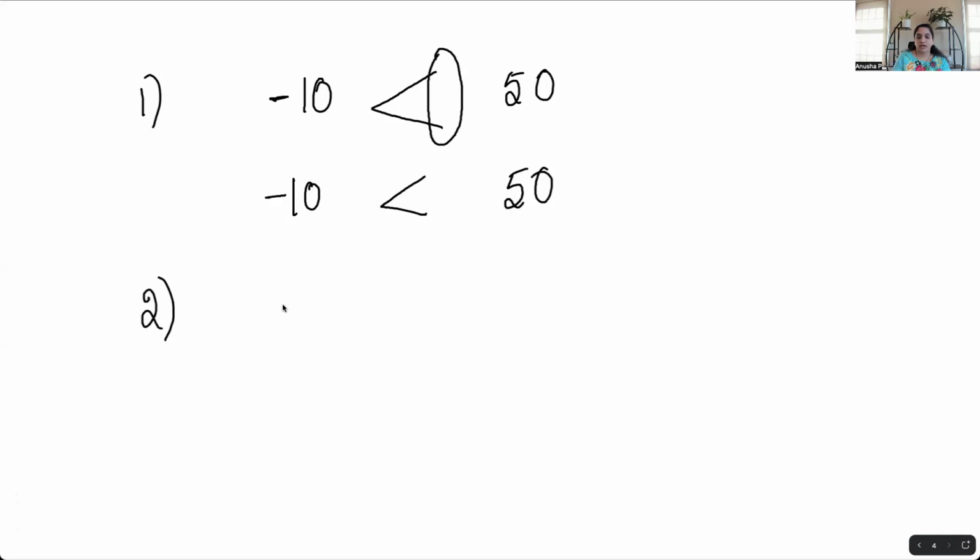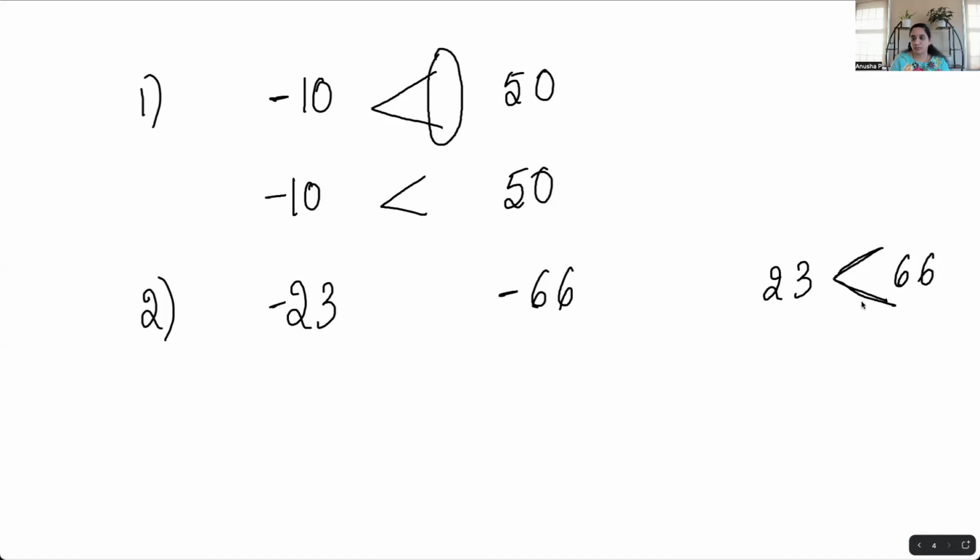Now, if you have -23 and -66, in general, if you consider 23 and 66, we know that 66 is a bigger number, right? If it is +23 and +66, positive 23 and positive 66, we know that positive 66 is a bigger number.